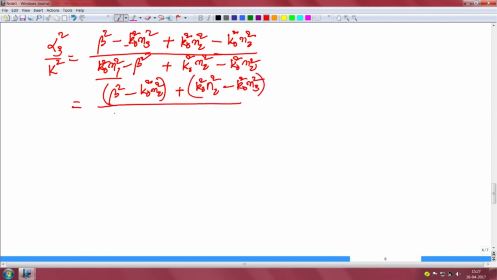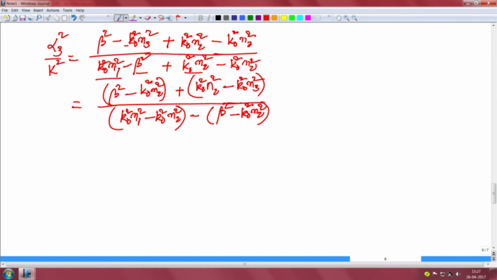Similarly, the below is k0 square n1 square minus k0 square n2 square and beta square minus k0 square n2 square. This plus is combined with this and these are combined.